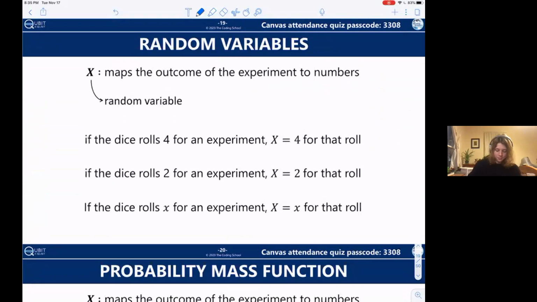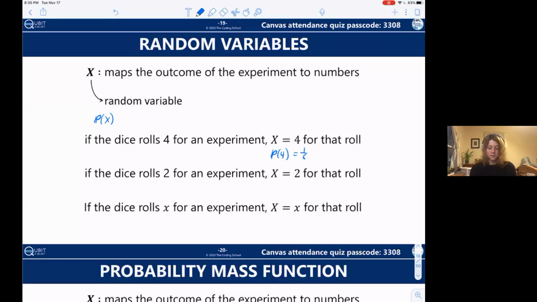The way that we've described it before, if we're taking the probability of X, here we want to take the probability of 4 for a particular roll, which we discussed on the previous page.